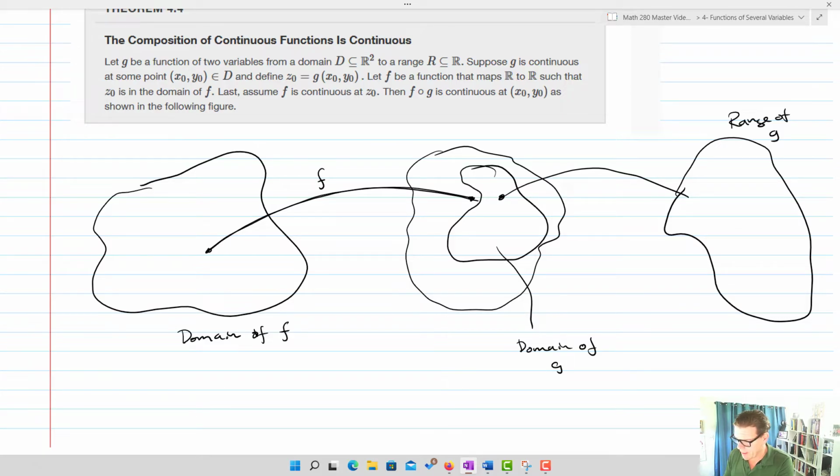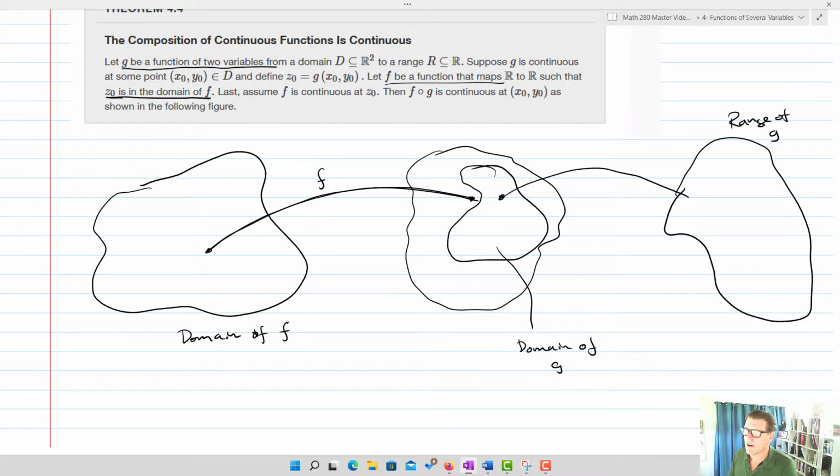It's definitely a requirement here because it's saying that g is a function of two variables, and we've got f as a function, and that z naught is in the domain of f. That's a really big requirement, because z naught must also be in the domain of g in our case.